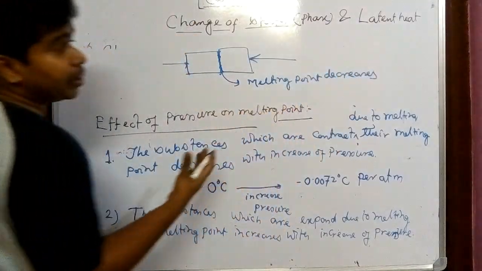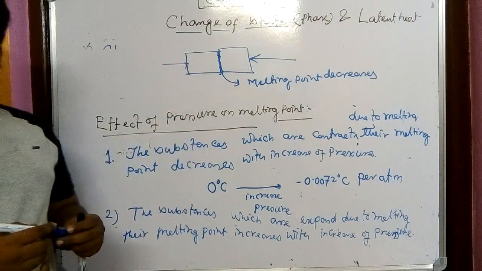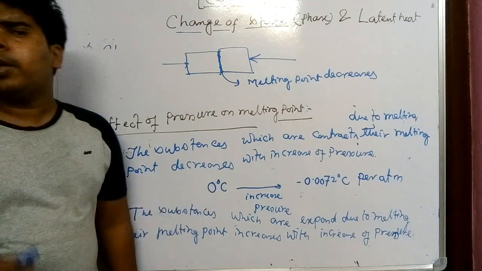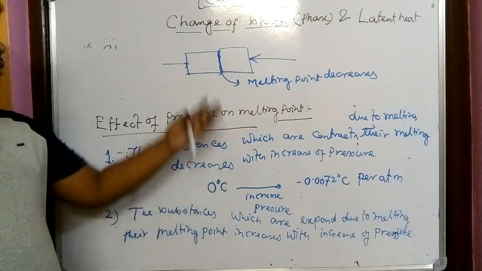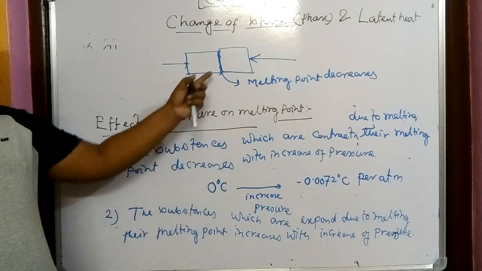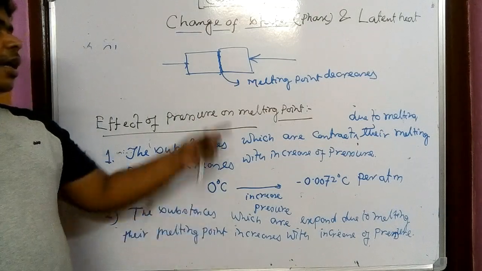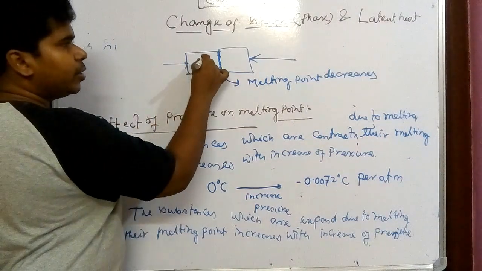As per the increase of pressure, the melting point will decrease below 0 degrees centigrade. Generally the melting point is 0 degrees centigrade, and ice is at 0 degrees centigrade. Whenever you apply pressure, the melting point goes below 0 degrees centigrade, and at that time the temperature of the ice cubes is 0 degrees centigrade.